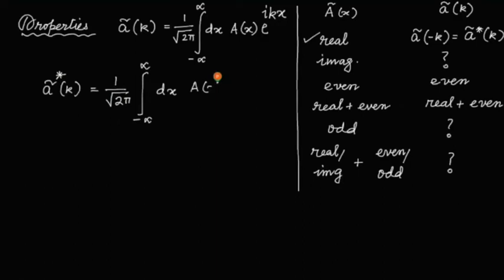And what is the complex conjugate of e to the ikx? e power minus ikx, which let us write this way. I think that minus can be kept with anything. And then you immediately realize, what is this in the right hand side of the equals sign?